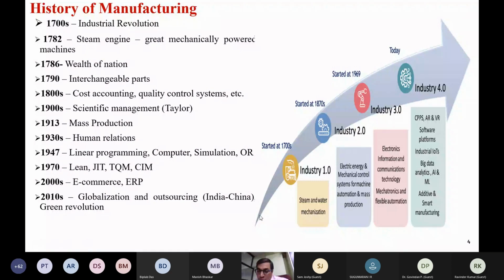You might have seen the research papers; lots of research papers are coming in this area in the name of Industry 4.0. So in this way, the manufacturing industry evolved, starting in the 1700s, and today it is named Industry 4.0.